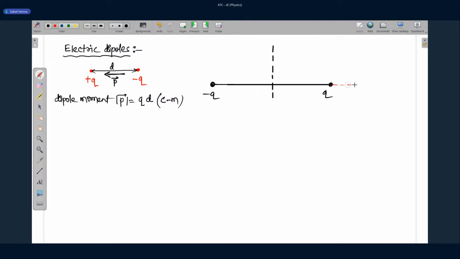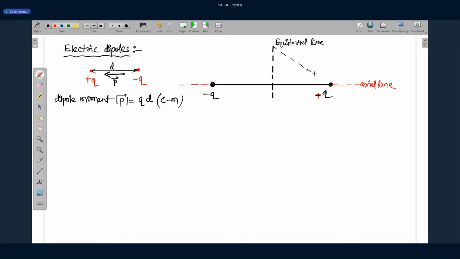These red dotted lines are known as axial lines. This is minus q and this is plus q. And this perpendicular line is known as the equatorial line.